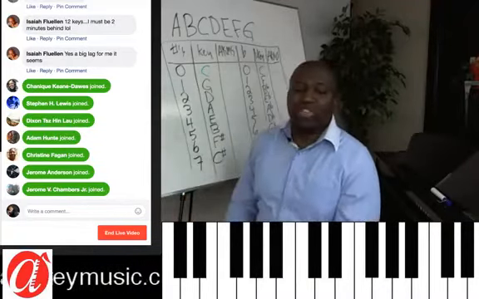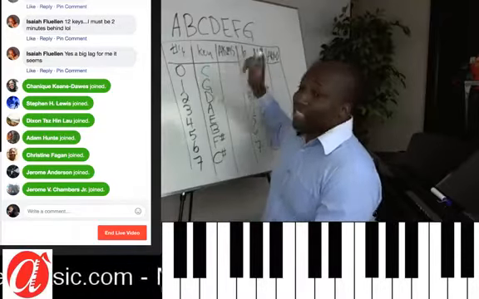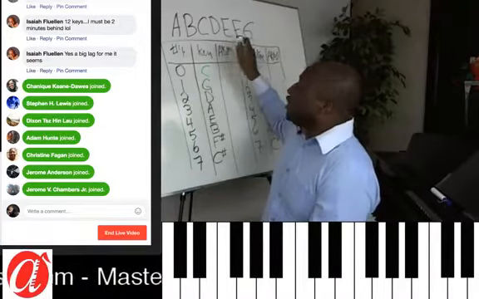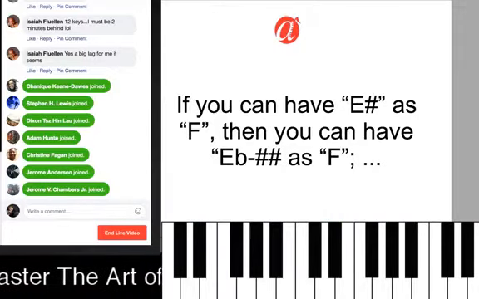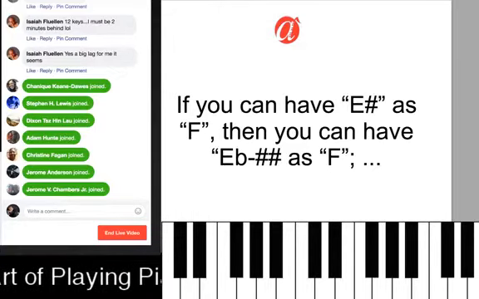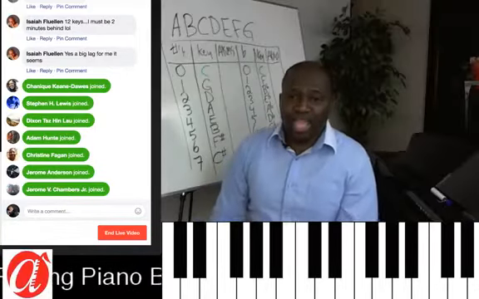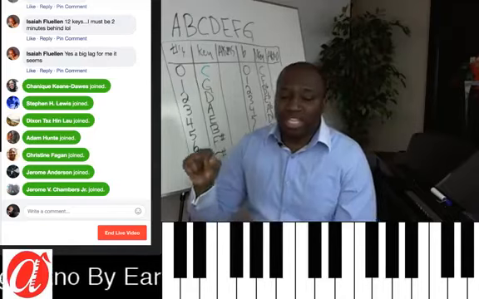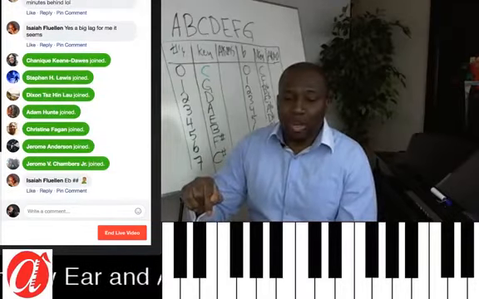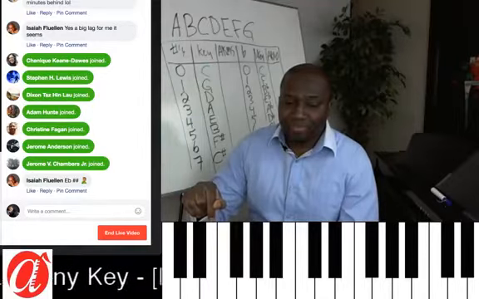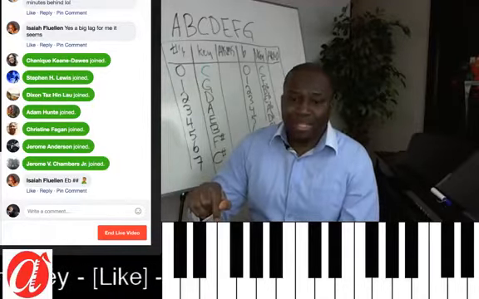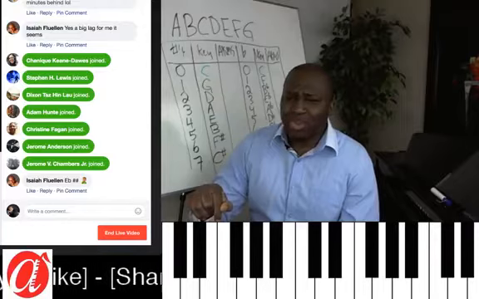But remember, I said the justification that they're using is correct spelling, meaning if you're gonna, well, I'm gonna show you the context in a second. But like I said, if you can have E sharp as F, now that's a bending of a truth, okay? If you go one semitone, here's E, right? You go one semitone above E, yes, you will get to F, but that is a bending of a truth, right?